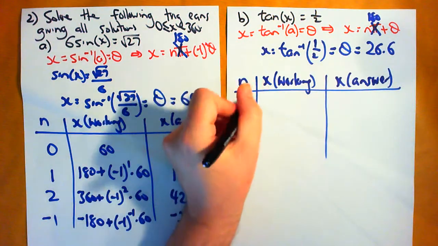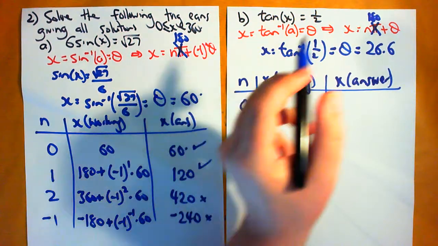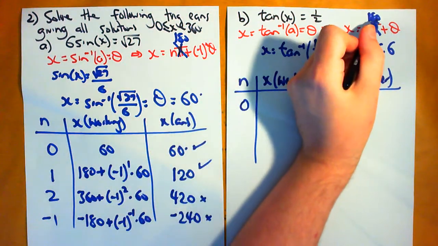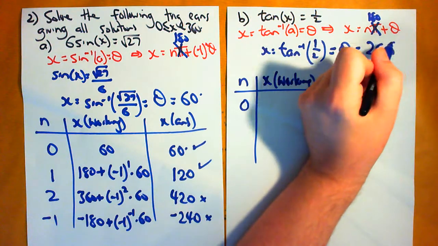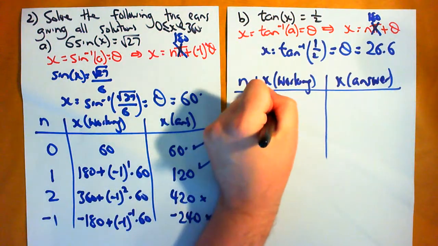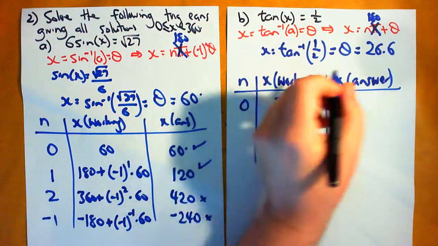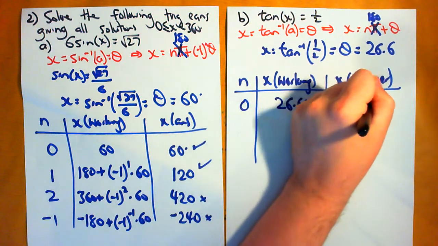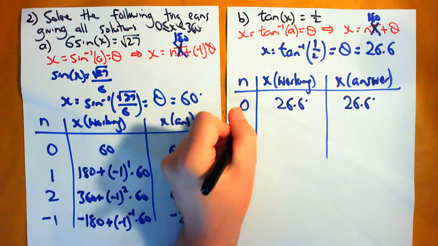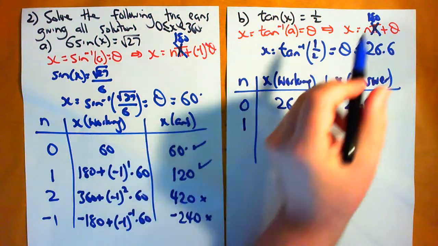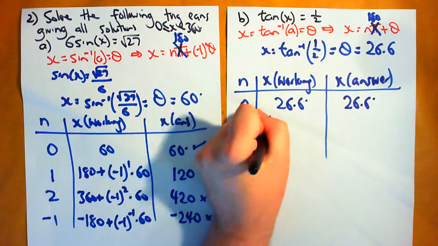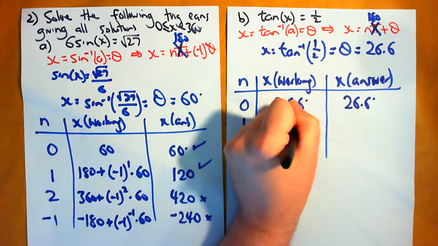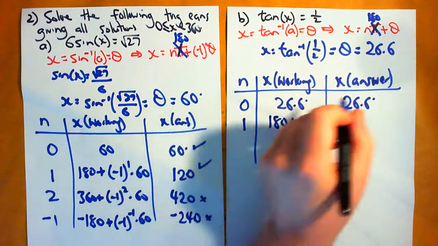Okay, so for n equals 0, so you've got n times 180 is 0 times 180, which is 0, plus theta, which is 26.6. So we get an answer of 26.6 there. For n equals 1, we get 1 times 180 plus theta, so that's 180 plus 26.6.